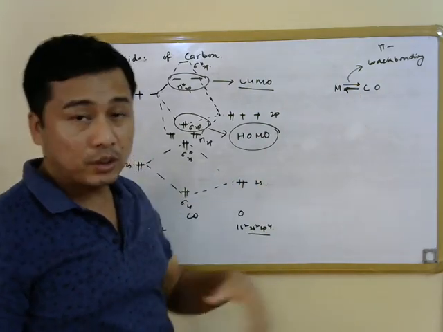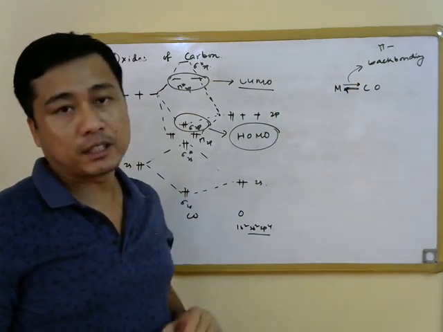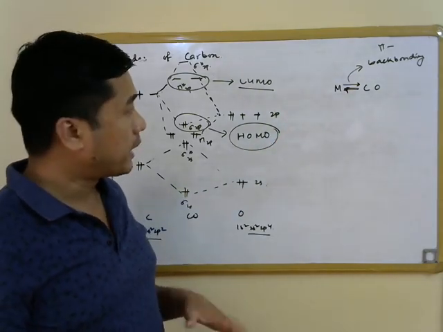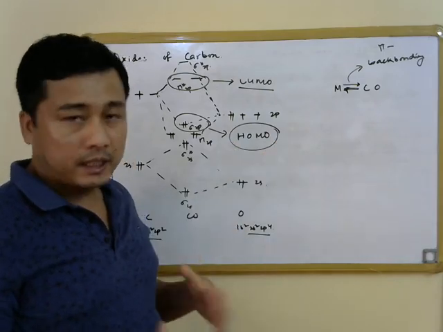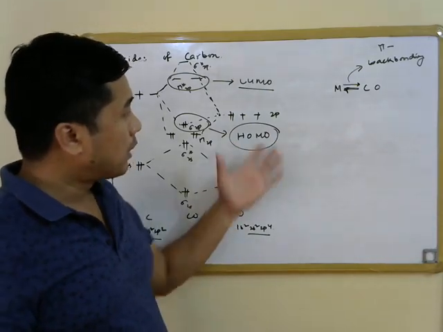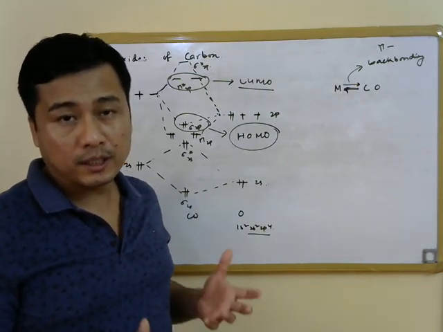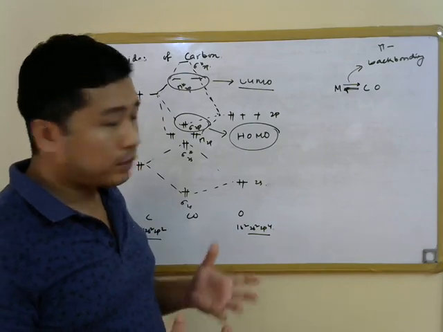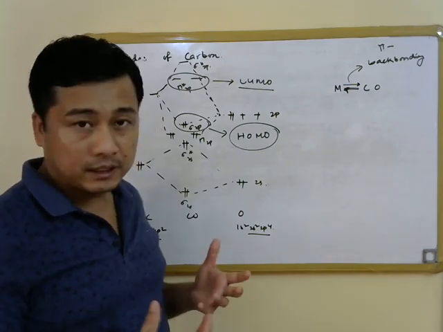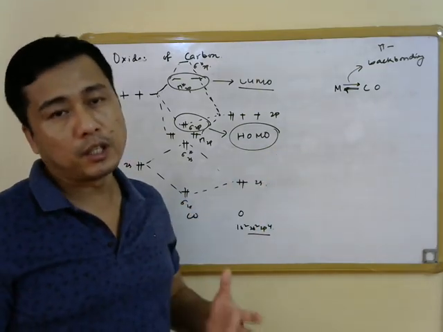Carbon monoxide can act as a better sigma donor because it is accepting electron density from the metal, and thereby these two interactions act cooperatively, and that is how carbon monoxide can act as a very strong field ligand, and that is the reason why it forms stable complexes with metals in low oxidation state.